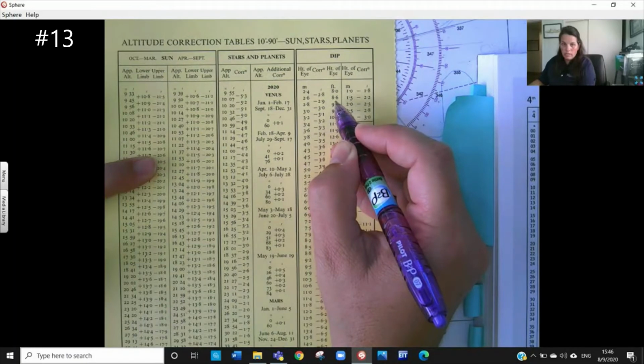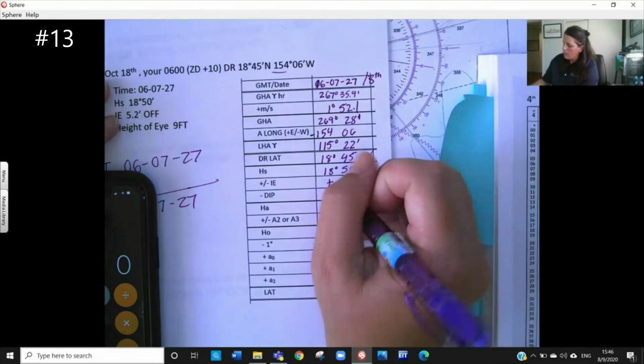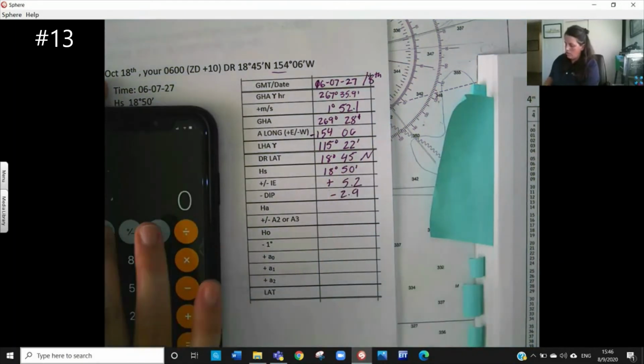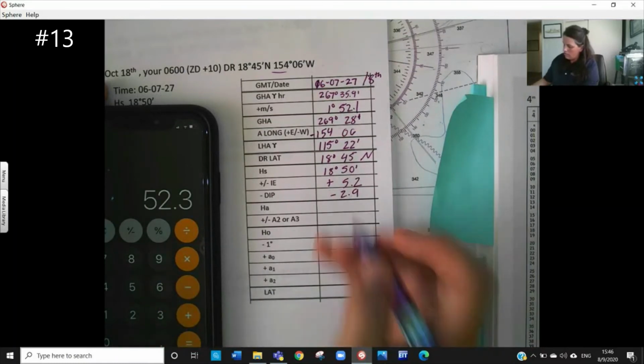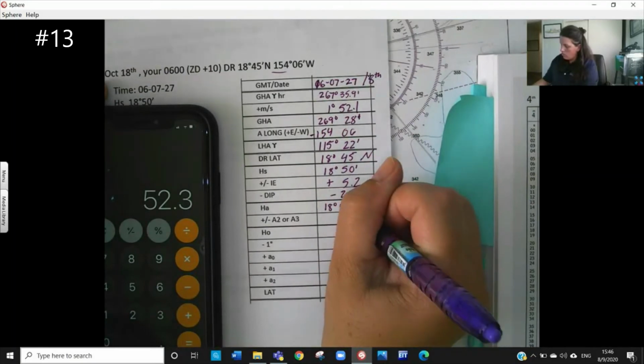So 50 plus 5.2 minus 2.9 gives us 18 degrees, 52.3.